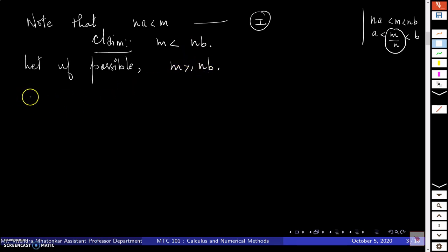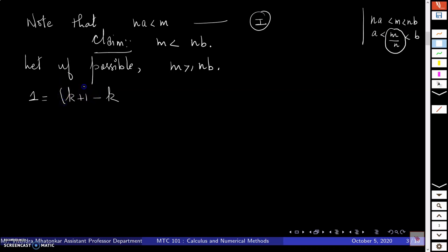Now I have to get a contradiction. So if I consider the number 1, I can write 1 as k plus 1 minus k, because I'm adding and subtracting k. So this is same as 1 because k will cancel off and I'll be having 1.